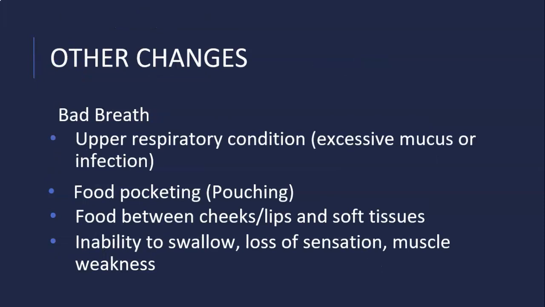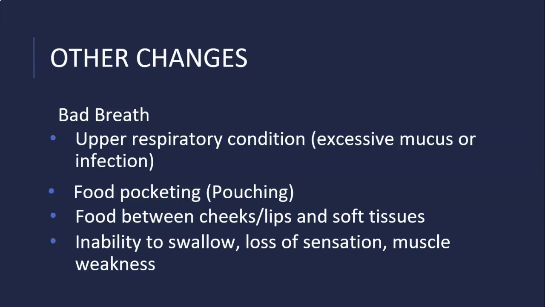Other things that can be noticed are halitosis, or malodor, bad breath. This can be GI, but it can also be upper respiratory, such as excessive mucus or infection. It could be because they're pouching food in the vestibule.